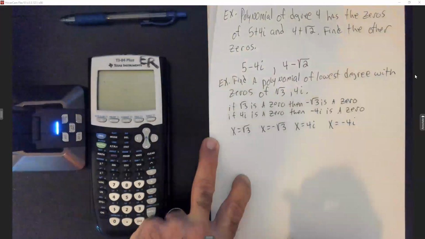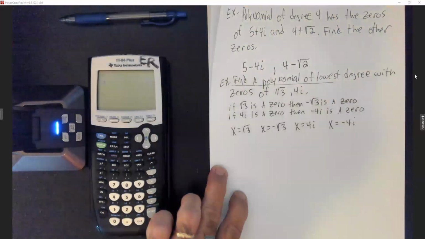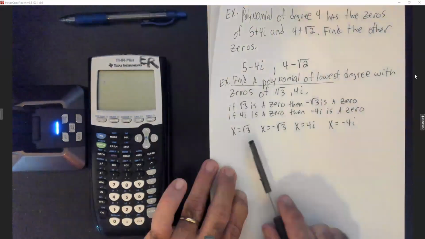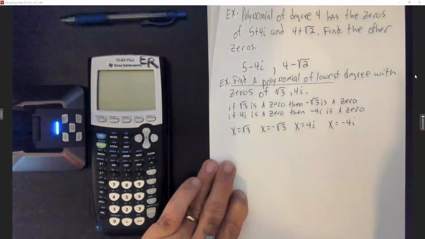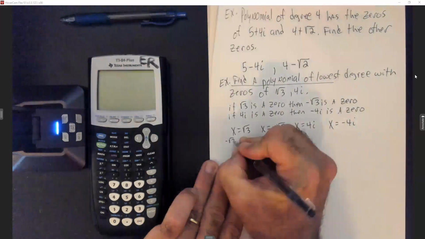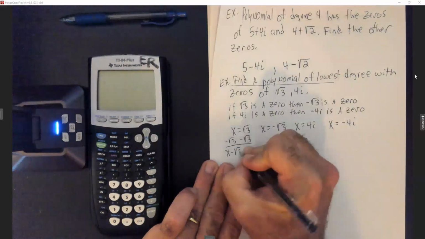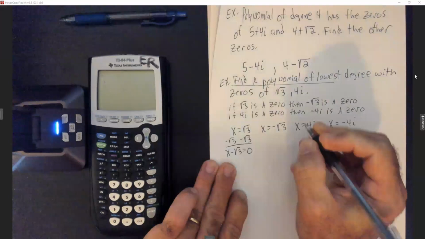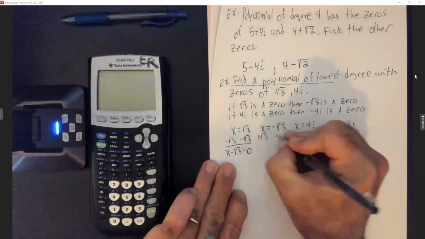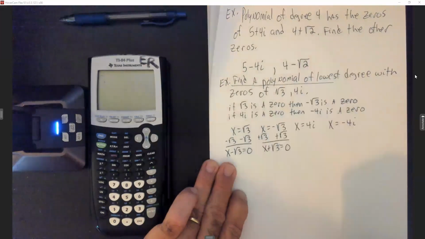So notice, this is the part where they want me to find the polynomial again. Where all these are, we need zeros. So subtract and add to get everything to the other side. So x minus square root of 3 equals 0. This will be added: x plus square root of 3 equals 0.